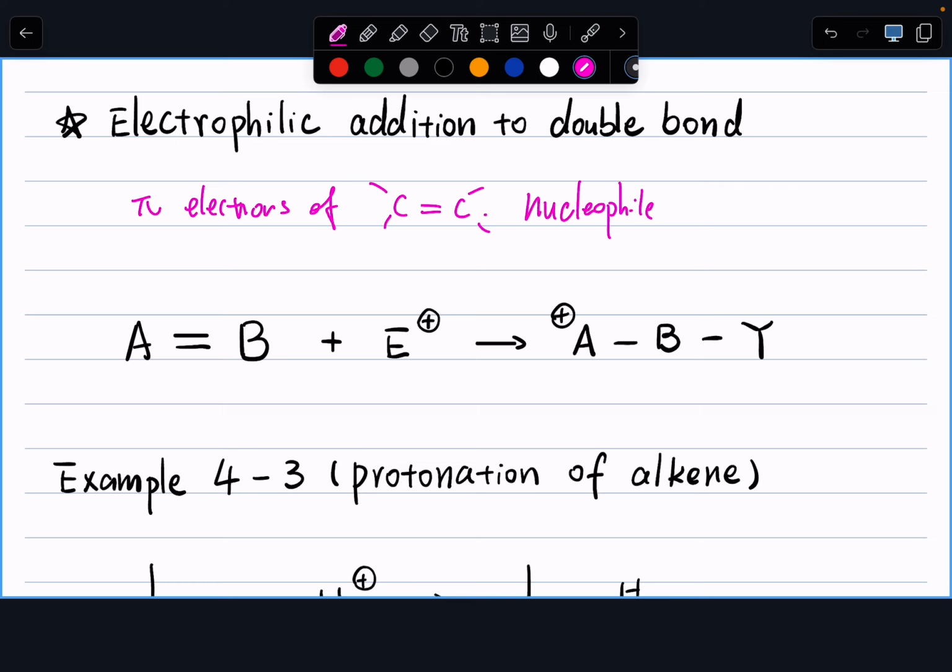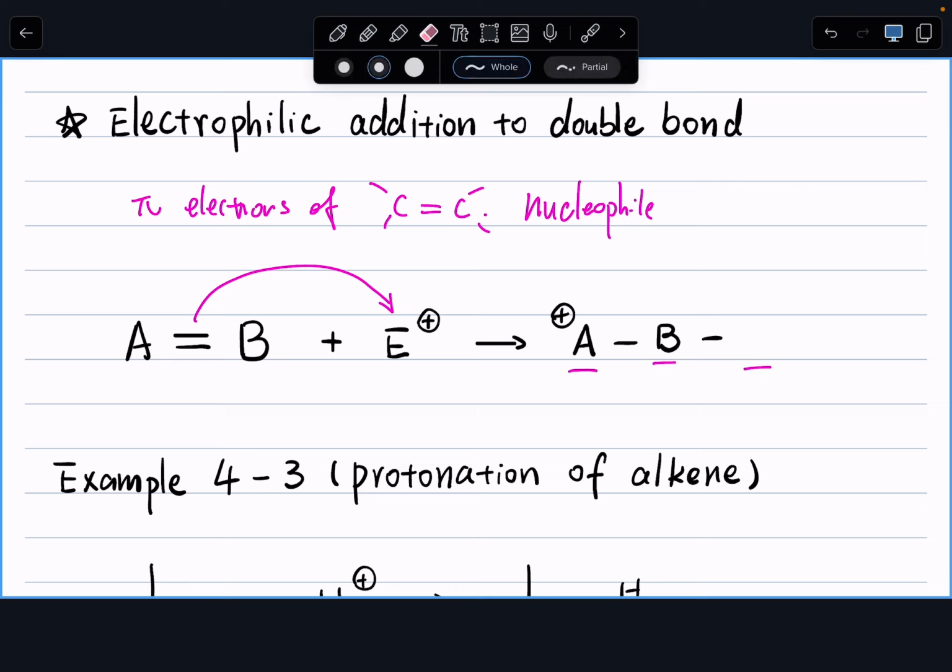When you put this double bond around an electrophile, they can act as a nucleophilic addition onto the electrophile. And we end up forming some kind of A, B, and E.